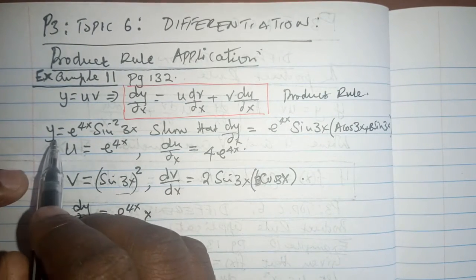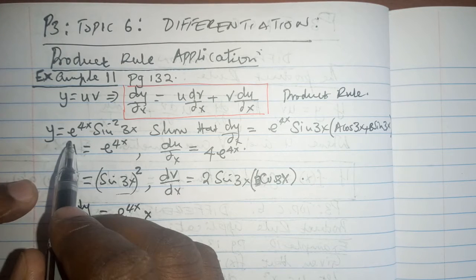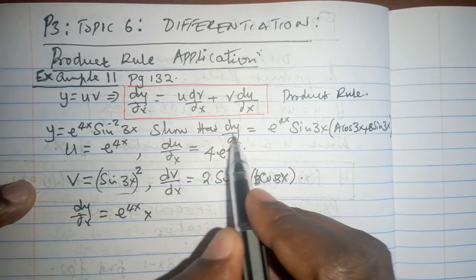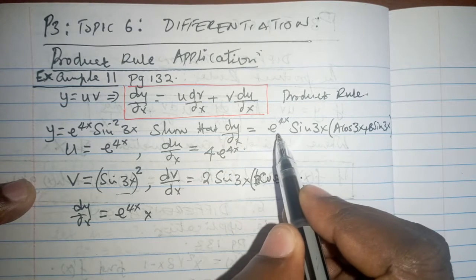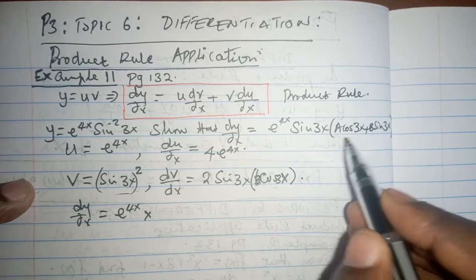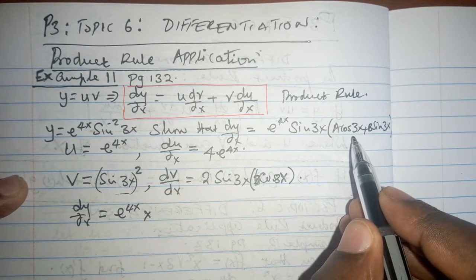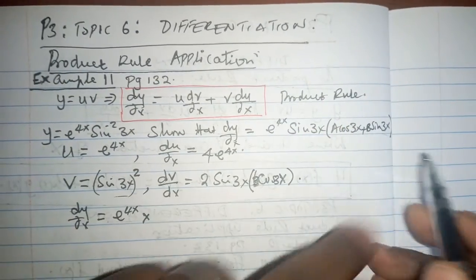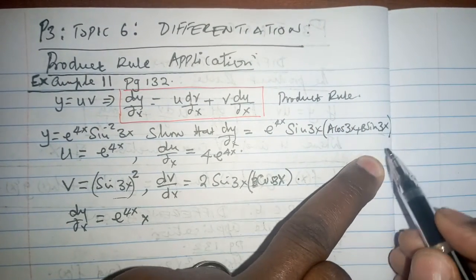So in example 11, we have the function y equals e raised to the power 4x sine squared 3x. Show that dy dx is equal to e raised to the power 4x sine 3x, bracket, a cosine 3x plus b sine 3x, as it is seen.